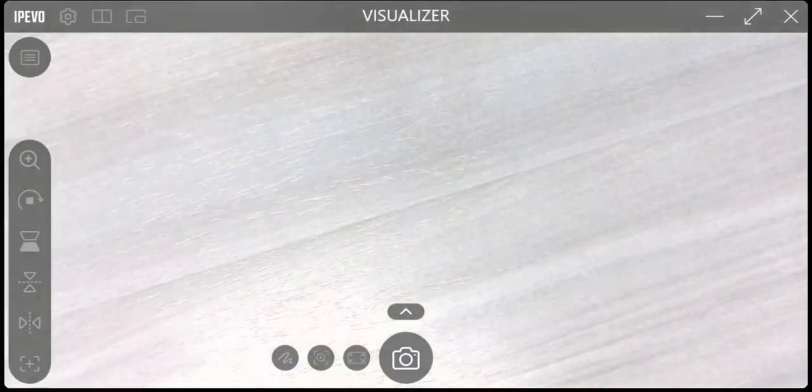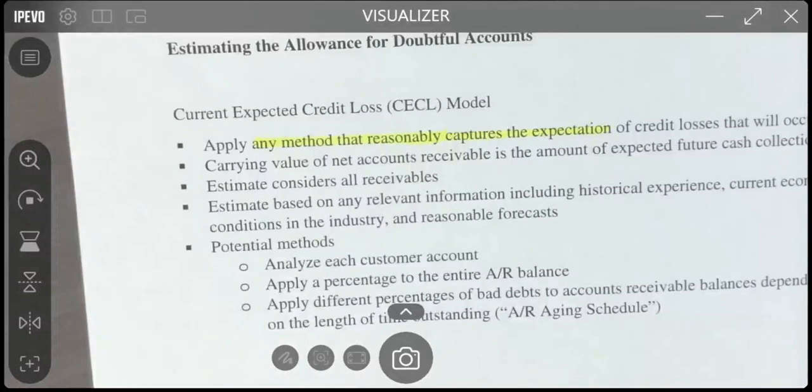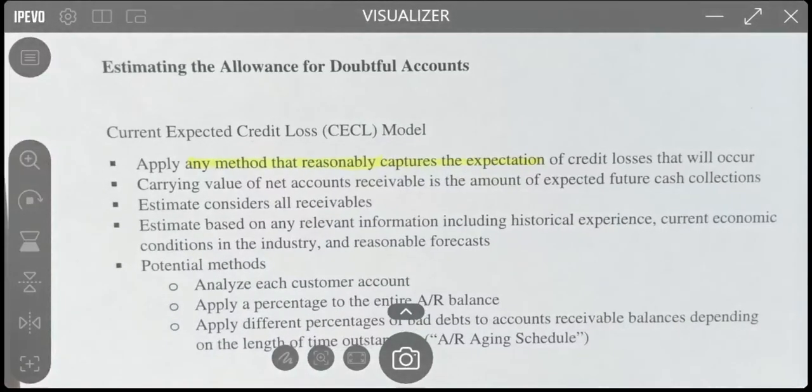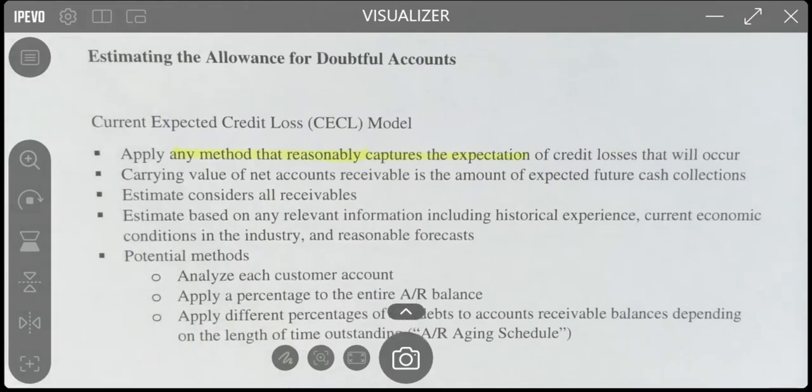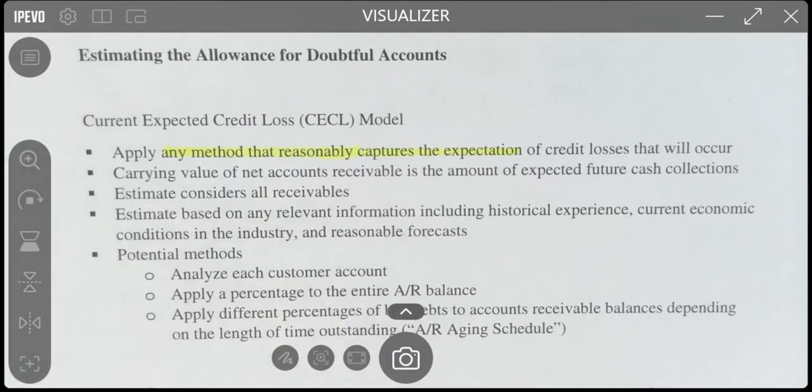Now, let's take a closer look at estimating that amount. In the previous case, with Porter Consulting, we did that 10% will ultimately prove uncollectible. In the real world, they usually use a little more sophistication. Here are the rules.